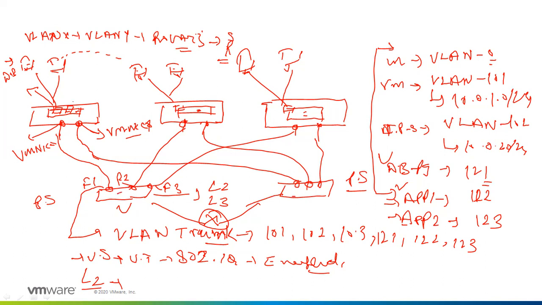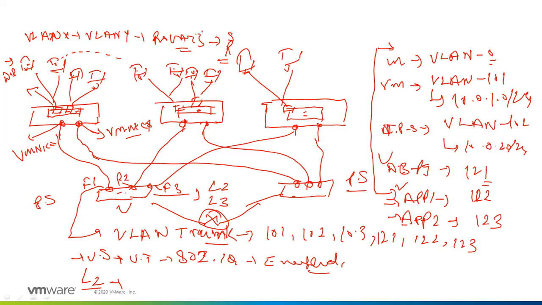So when I do the routing, it means that if my DB tier wants to talk to the app tier, it will go through routing. If this VM wants to talk to this VM, first of all traffic goes outside, gets routed and diverted back here. Any VM residing here that wants to talk to any app, or any app that wants to talk to DB, will go out to the router and come back.